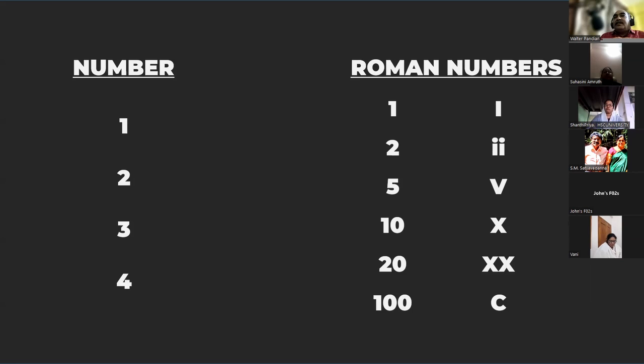And after 100, it will be 200, 300, and 400. 400 is the last value. So the first alphabet, Aleph, has the value 1. The last alphabet, Tau, has the value 400.